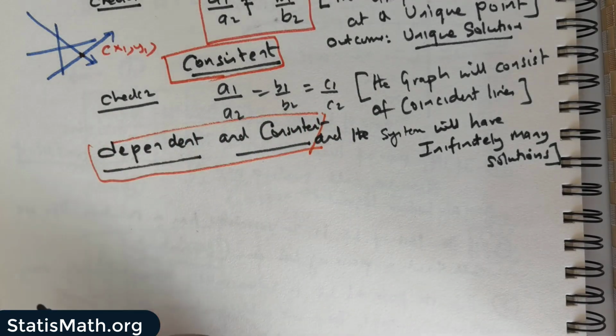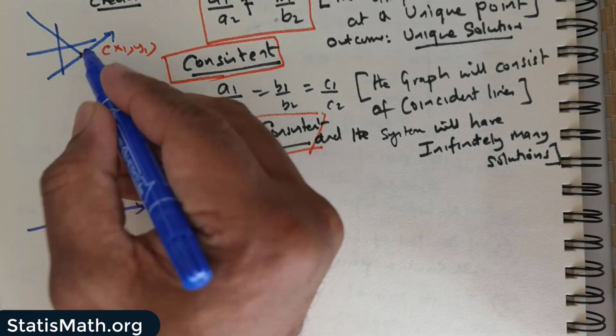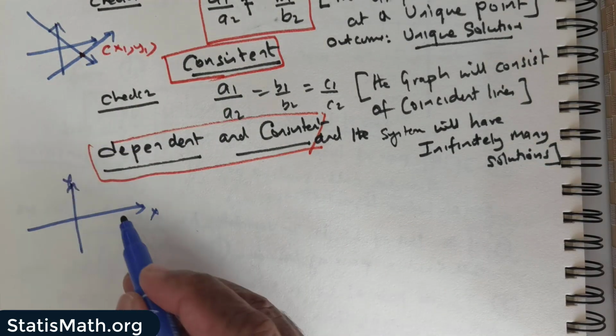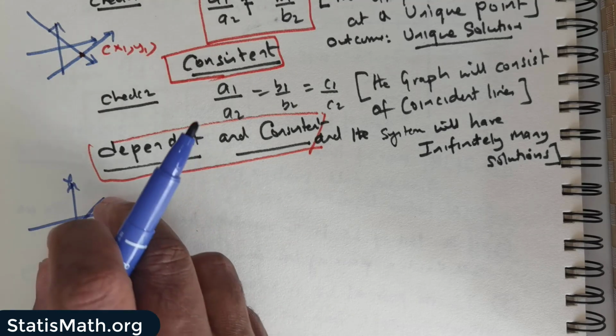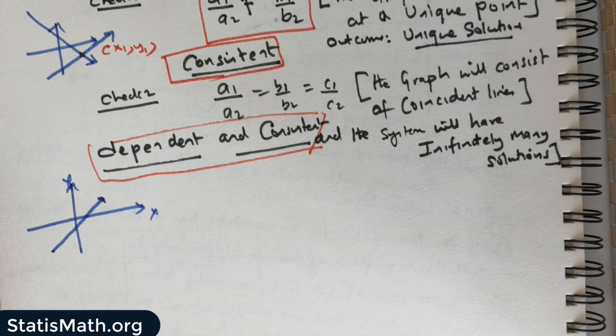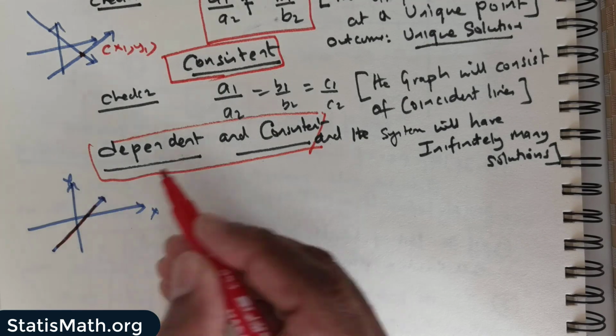This is check 2. So how will the graph look? This is the x-axis, y-axis. Now suppose the first equation is moving up like this. The second equation will also flow over it.